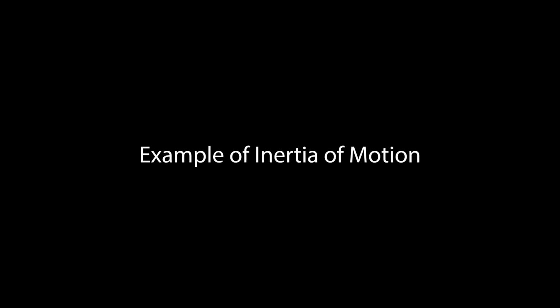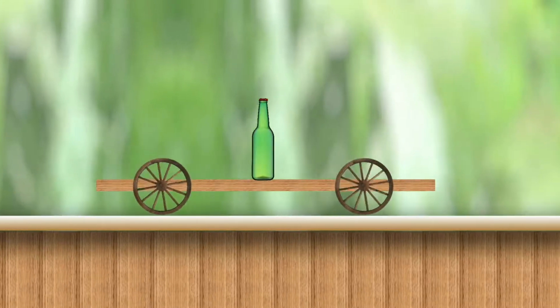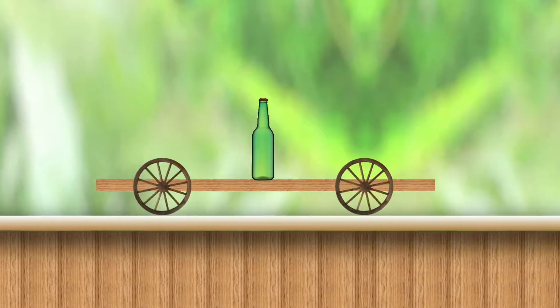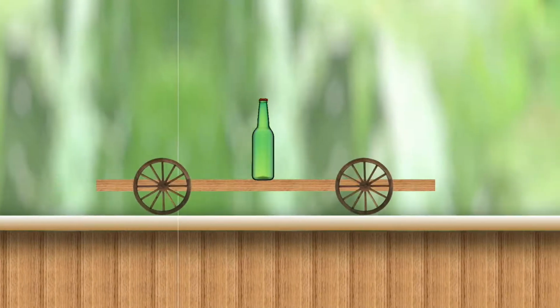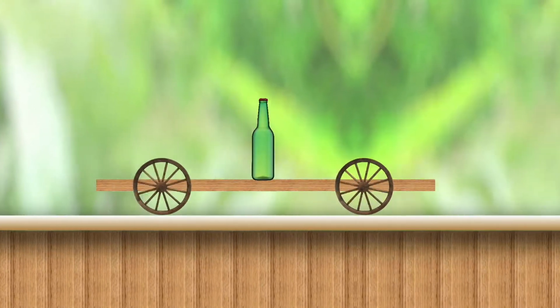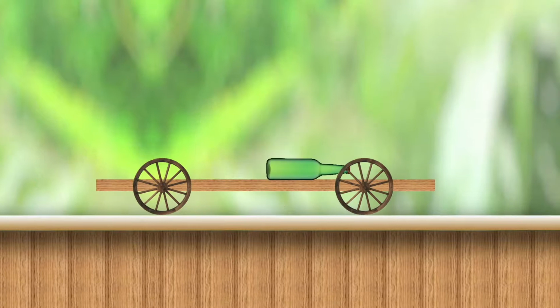Now let us look at an example of inertia of motion. In this example, let us consider that the bottle is mounted upon the cart and the cart is in motion. What happens when the cart is suddenly stopped? The bottle falls forward. This is caused due to the bottle's inertia of motion.